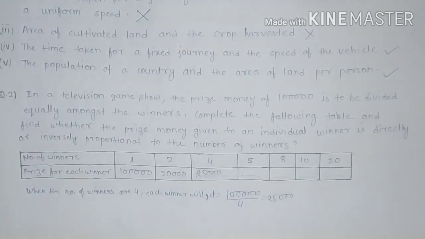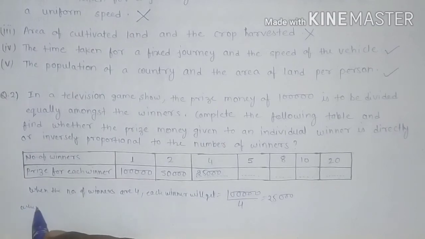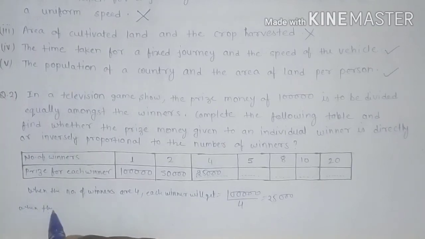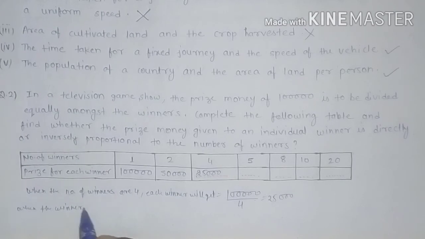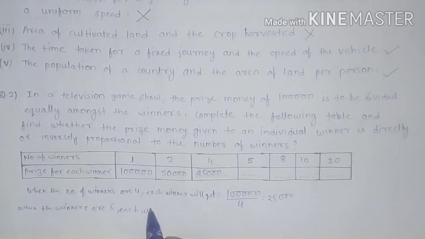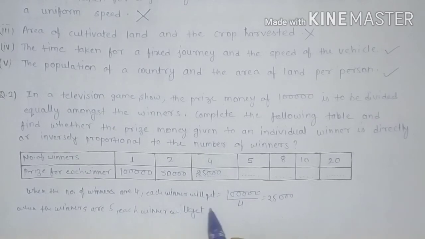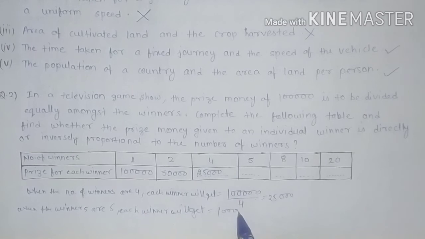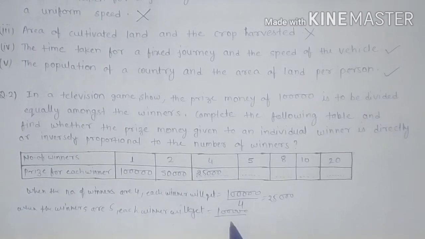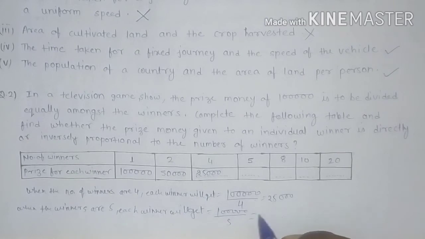Similarly, when the winners are 5, then each winner will get 1 lakh divided by 5, so it will be 20,000.